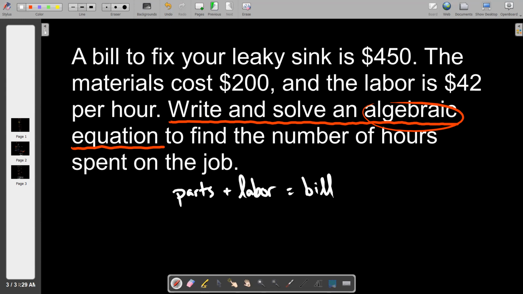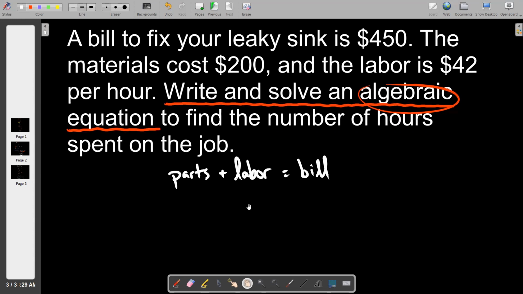So let's think about this for a second. How much did I spend on parts? So I can put $200 in place of parts. How much did I spend on labor? And don't say $42 because there's more to it than that. How much? 42x, right. I spent $42, but it's times the number of hours that the plumber had to work.